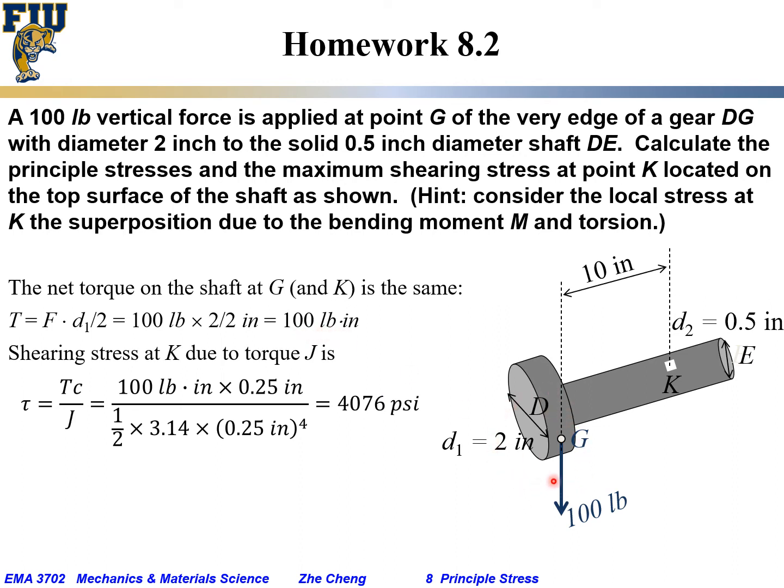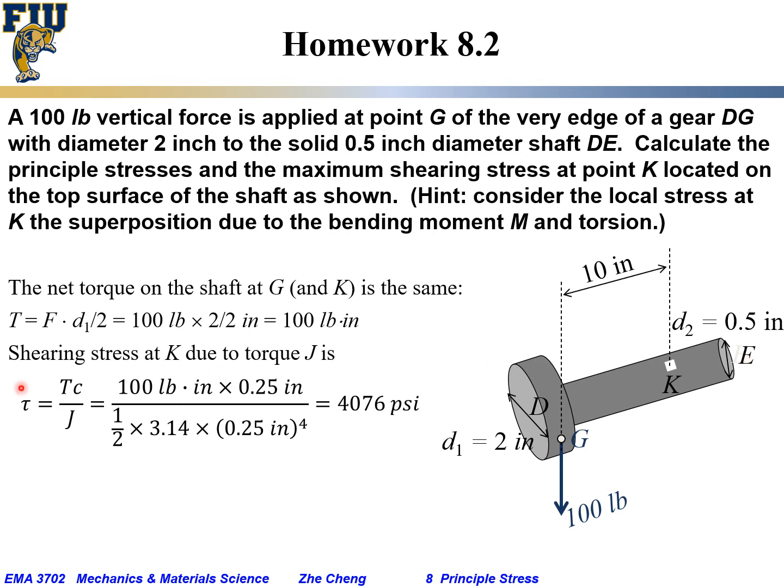That's the torque part. The shearing stress at K due to torque alone would be tau, from chapter 3, Tc over J. T is the net internal torque, C is the maximum dimension or radius for the shaft, J is the circular moment of inertia for this shaft.